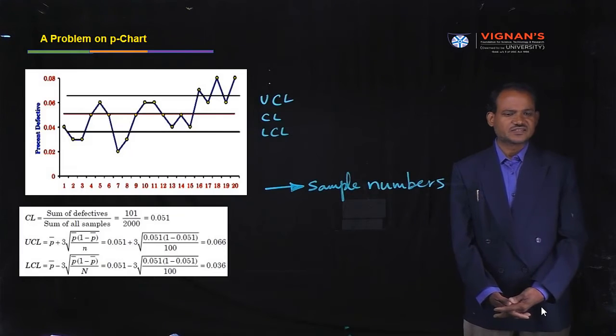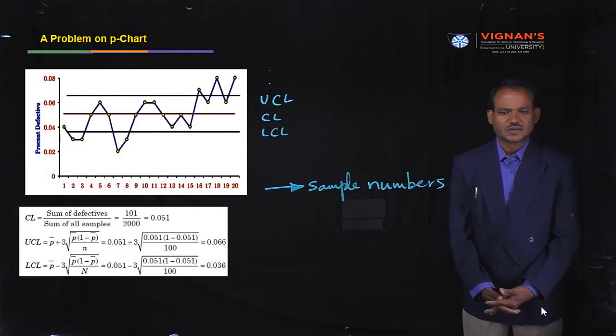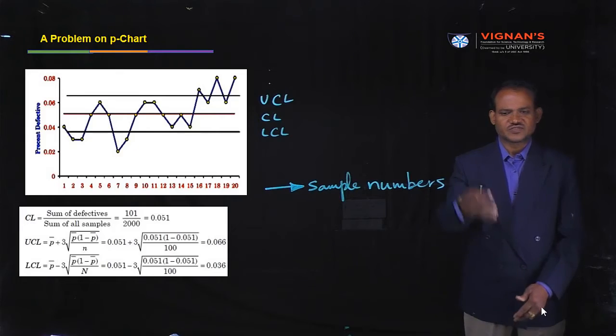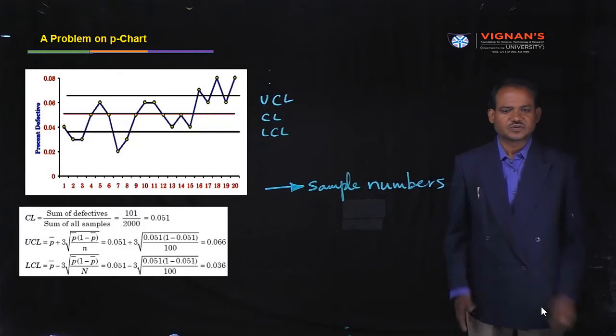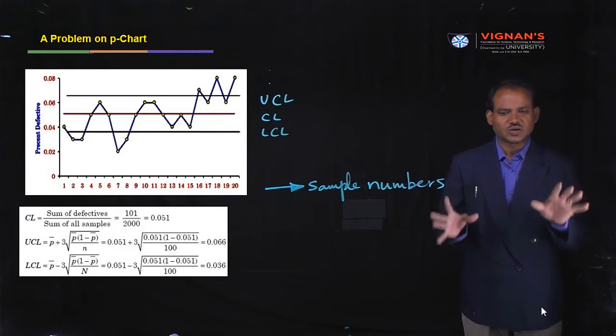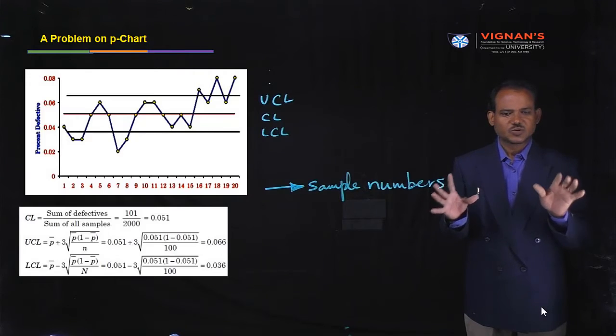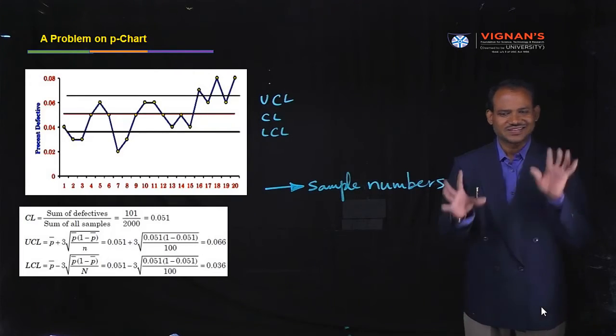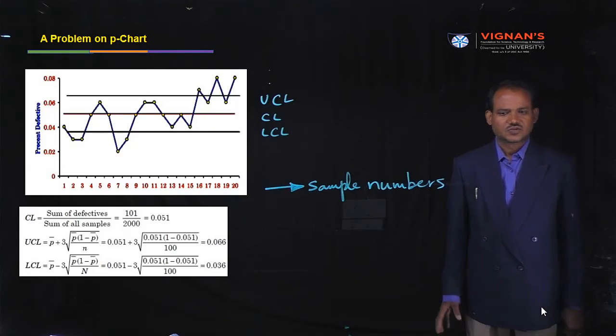On y-axis, we have to take percent defective. Percent defective value ranges between 0 and 0.08. That's why consider suitable scale on y-axis.